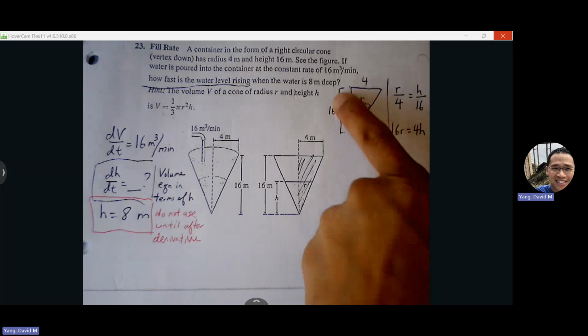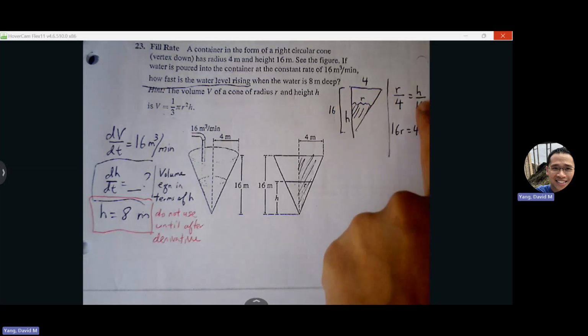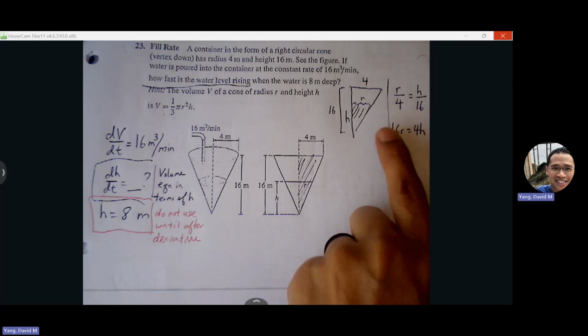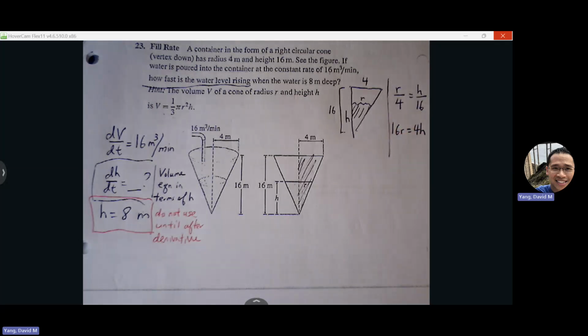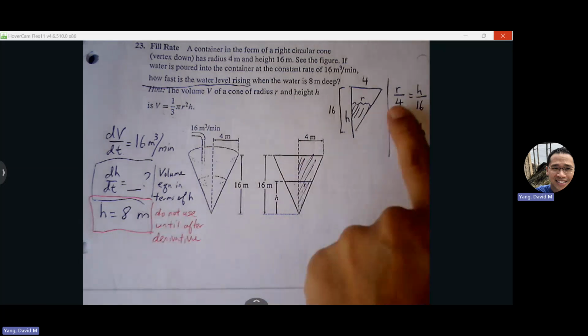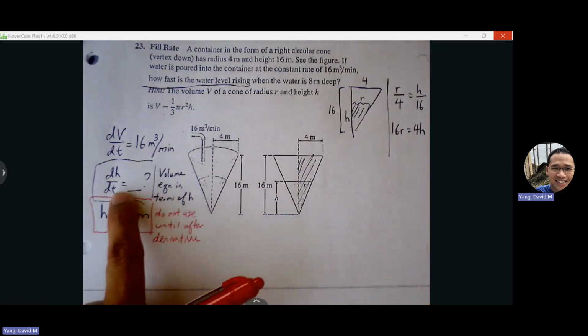We still want to hold on to that h variable and build the formula around the fact that h is still a variable. Once we find the derivative and have everything set in stone, then we can work that 8 in. But if you put that 8 in too soon, you lose the h, and then you're not going to be able to produce that variable that you want to come out of the derivative.